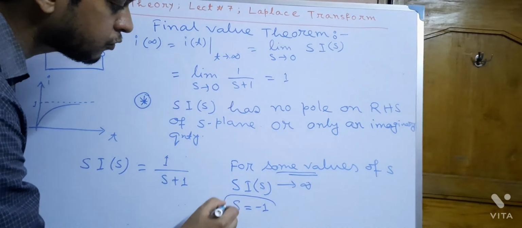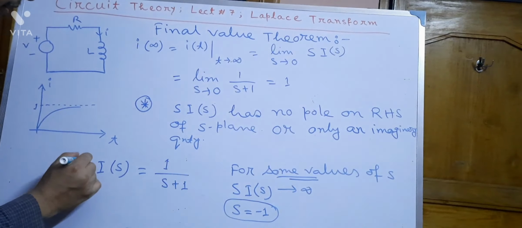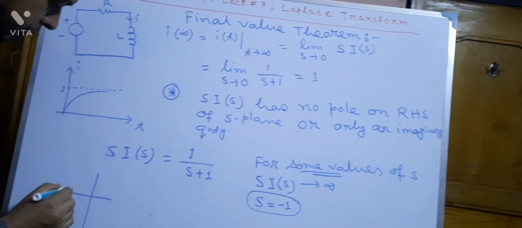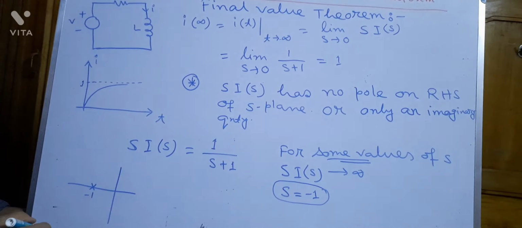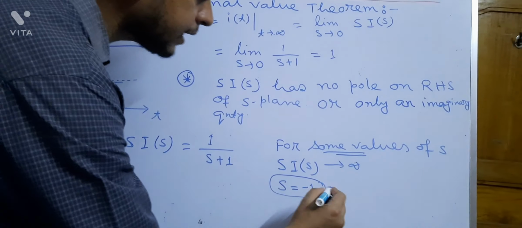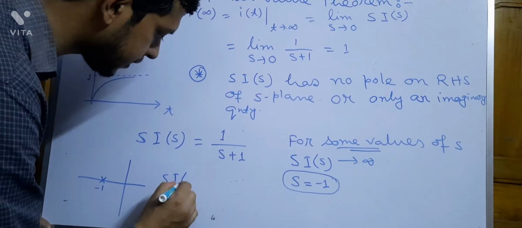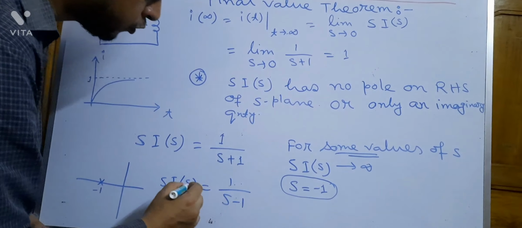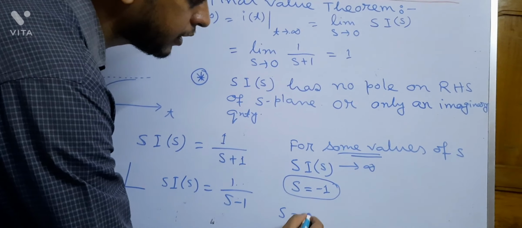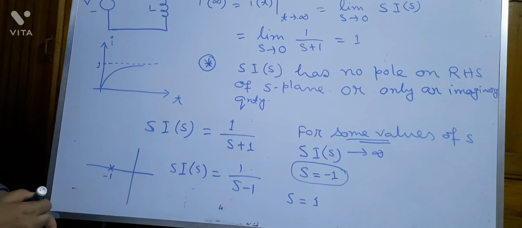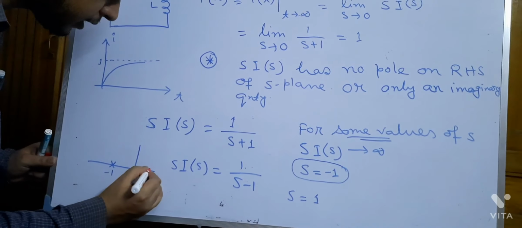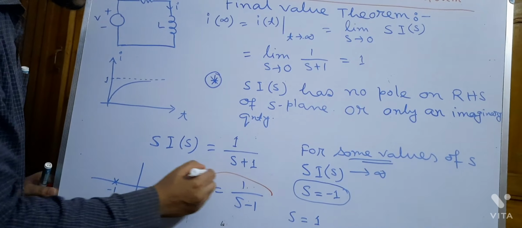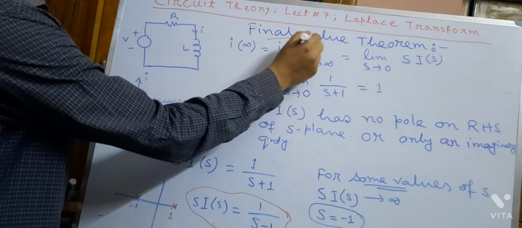So s equal to minus 1 is a pole of this quantity sI(s). This is on the left hand side. Now if sI(s) is equal to 1 by s minus 1, the pole of sI(s) is at s equal to 1. Now s equal to 1 is on the right hand side of S plane. So in this case we cannot apply the final value theorem.